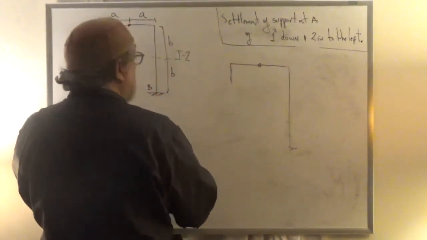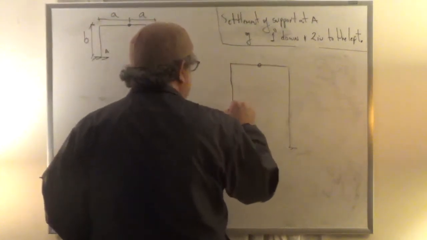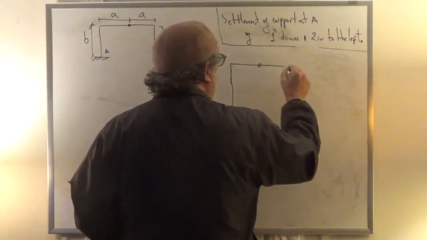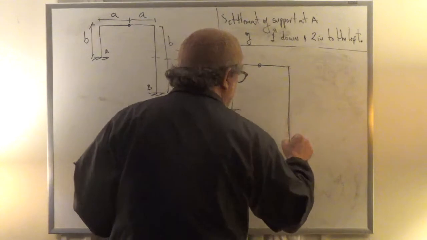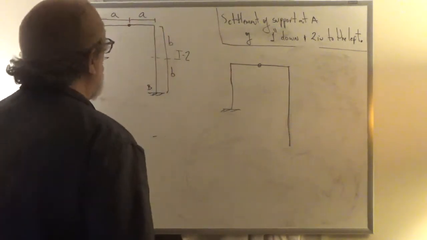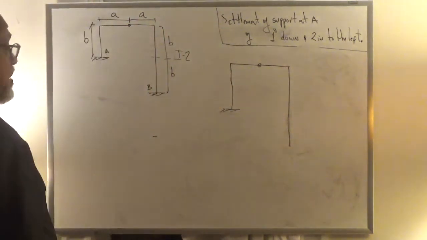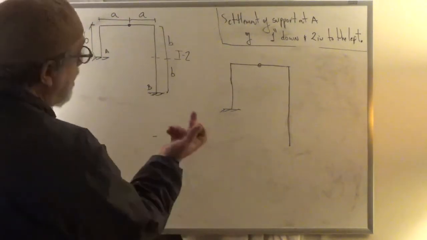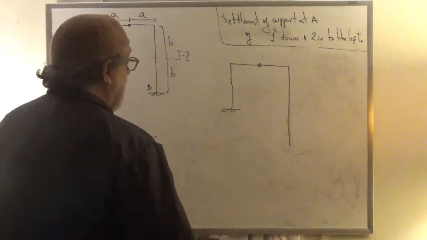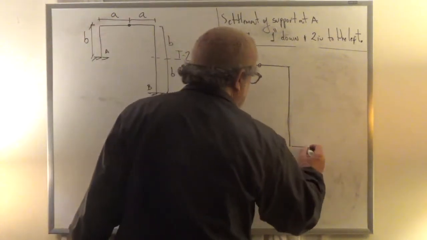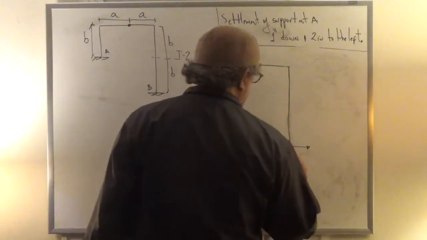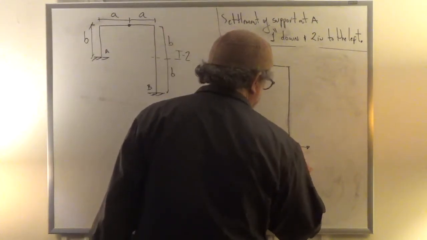So in this case, we have this side, we leave it alone. And now we're going to choose this side, right? Now I'm going to choose, how many redundants do I need on the right side, on B? 2, right? Why go through the complicated thing with the angle and so on? Let's just choose the horizontal and the moment, right?